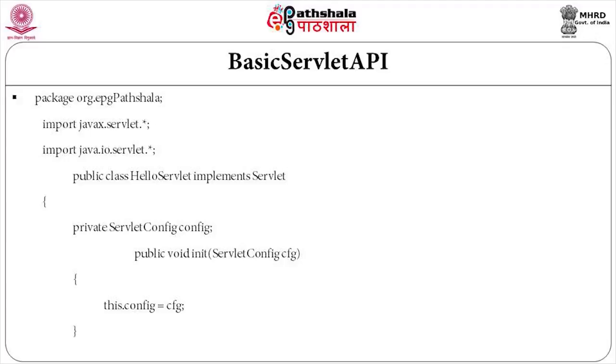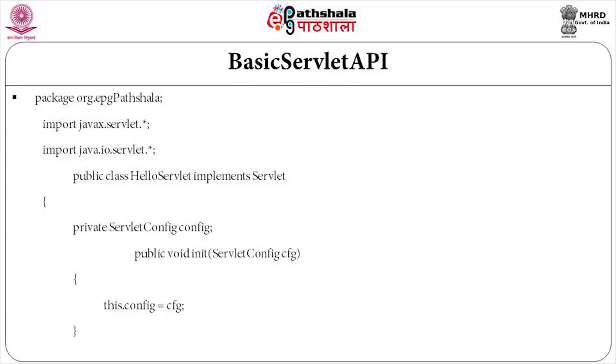These are the requirements to be satisfied for the container to be able to create an object of your class. So, we will always write our class as a public class. In our case, we write public class hello servlet, which implements servlet.